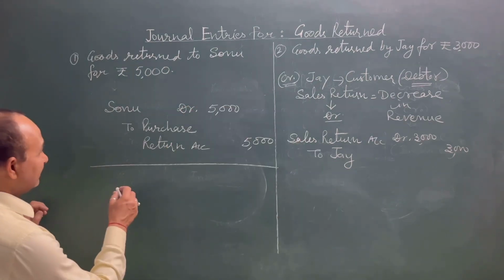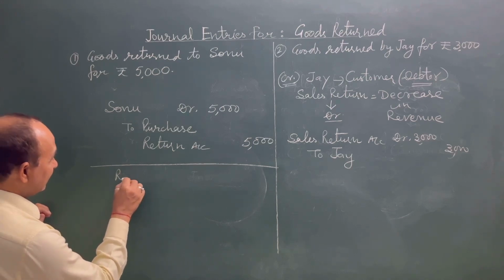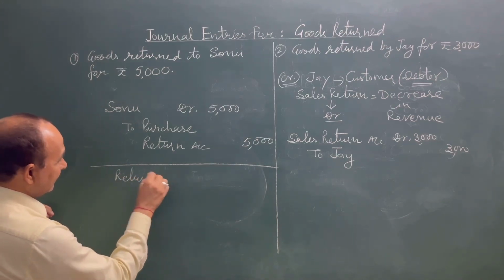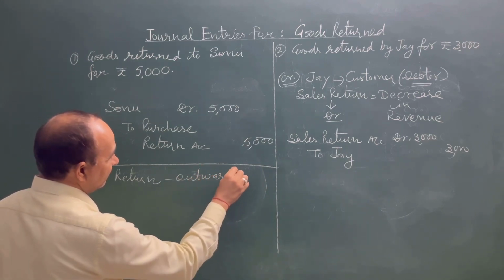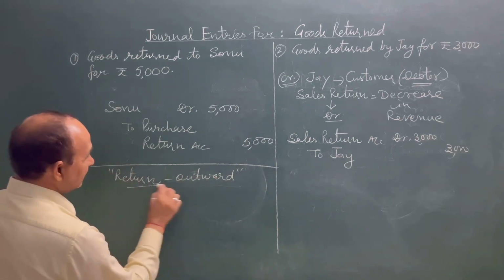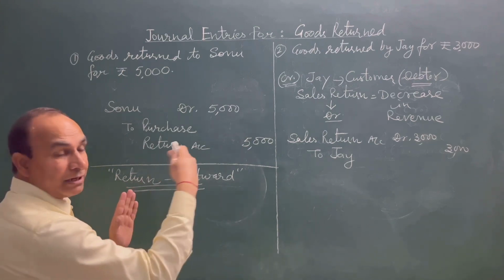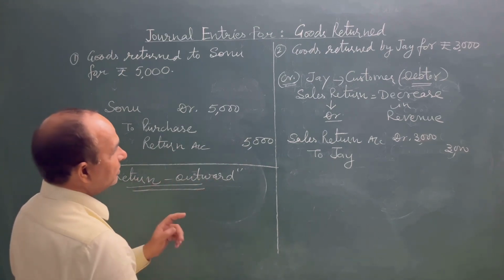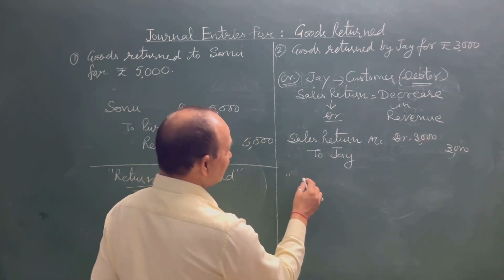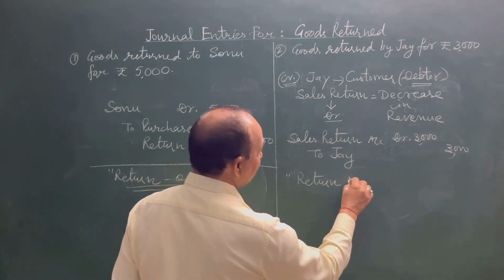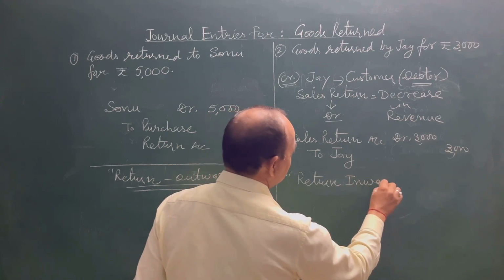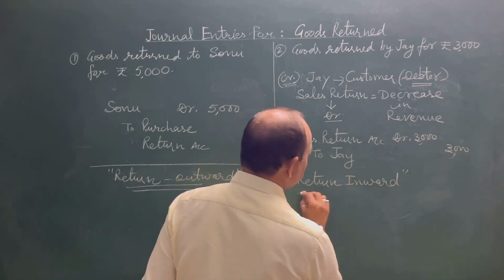Purchase return is termed as return outward, because in case of purchase return, the goods are going out. And sales return, goods coming in, is termed as return inward.